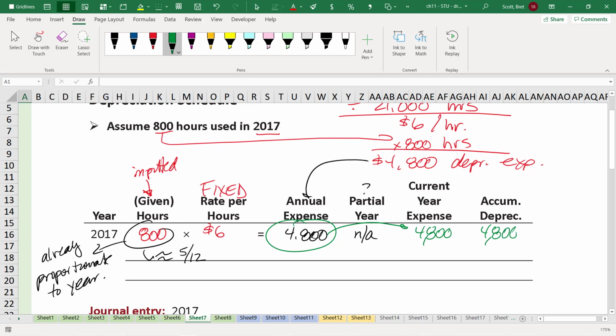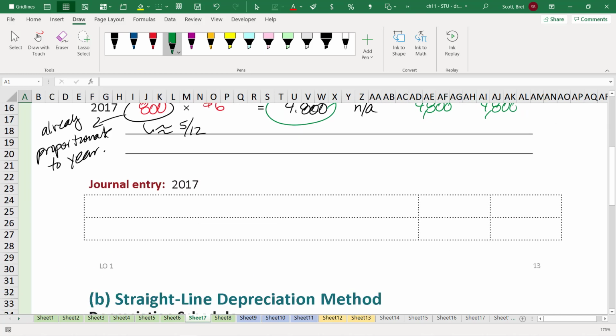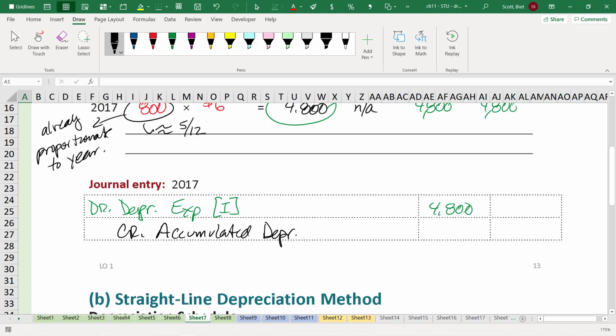4,800 then becomes our accumulated depreciation at the end of the year. Down below, the journal entry for 2017 would be a debit to depreciation expense on our income statement for 4,800, and our accumulated depreciation would be credited. Credit accumulated depreciation.